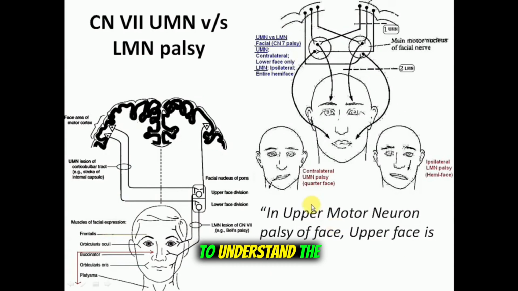Now, in order to understand the two types of palsy, we must know that the main motor nucleus of the facial nerve, which is situated in the pons, is controlled by the corticobulbar fibers coming from the face area of the motor cortex. The facial motor nucleus is divided into two parts.